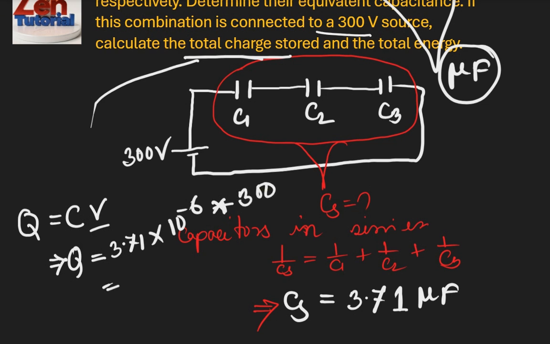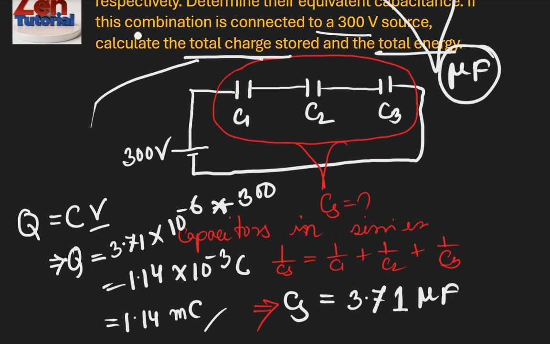So the final answer will be 1.14 into 10 to the power minus 3 Coulomb, or we could write 1.14 millicoulomb.